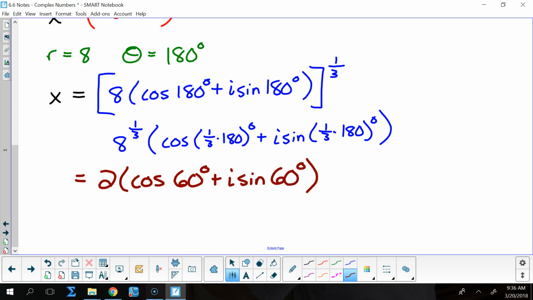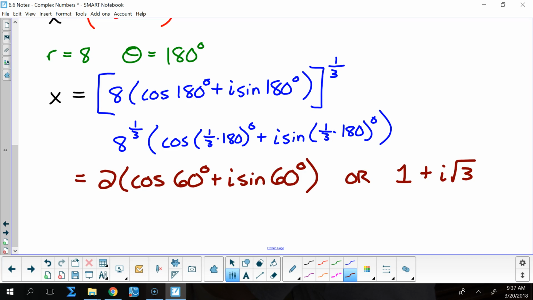Now, let's put that back into standard form. What is the cosine of 60°? 1/2, right? 1/2 times 2 is 1. What is the sine of 60°? Square root 3 over 2 times 2 is square root of 3. Yep, so it's i times the square root of 3, right?